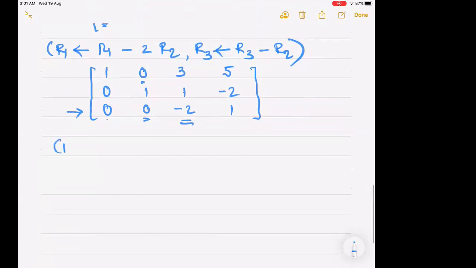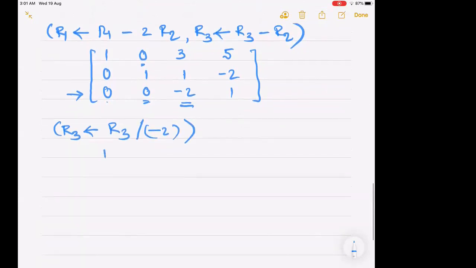I change row number 3 by row number 3 divided by minus 2. This, of course, produces 1, 0, 3, and 5. 0, 1, 1, minus 2, and then 0, 0, 1, minus half. This is what it produces.